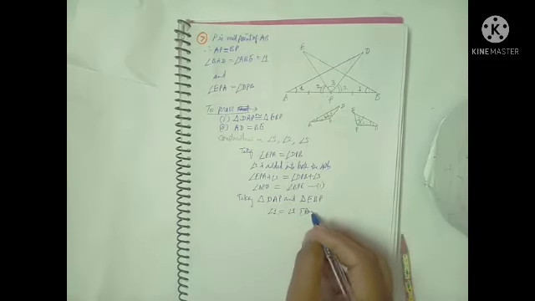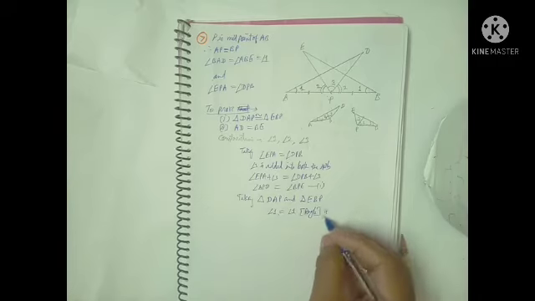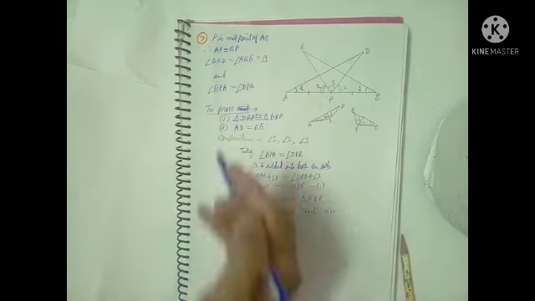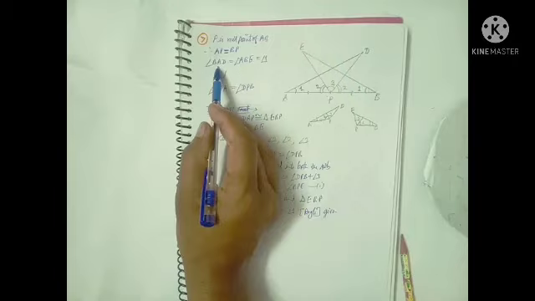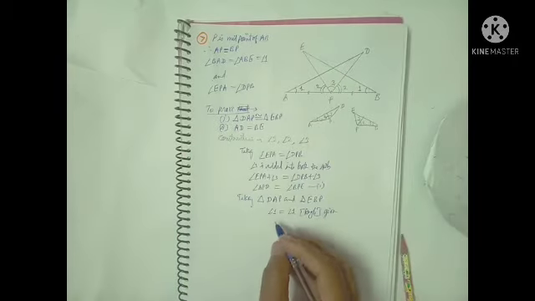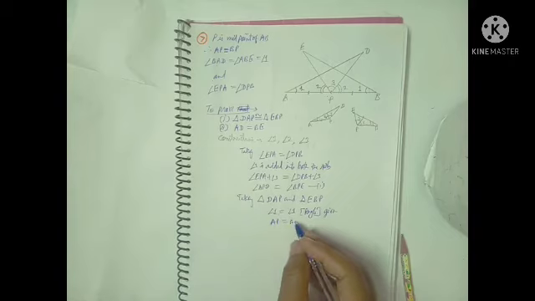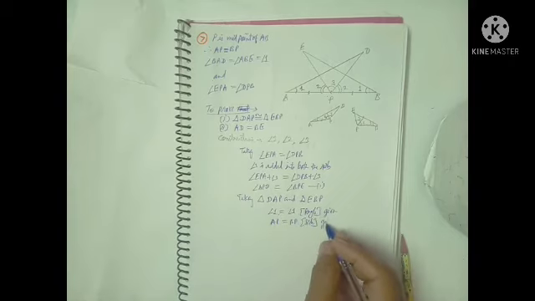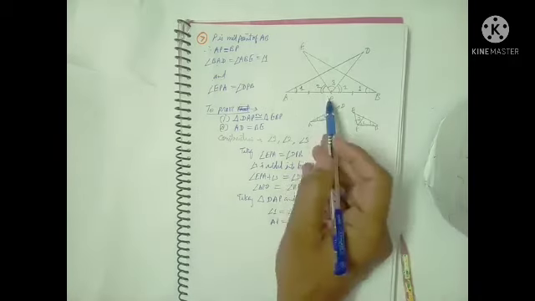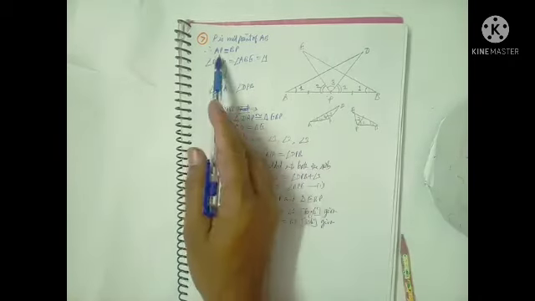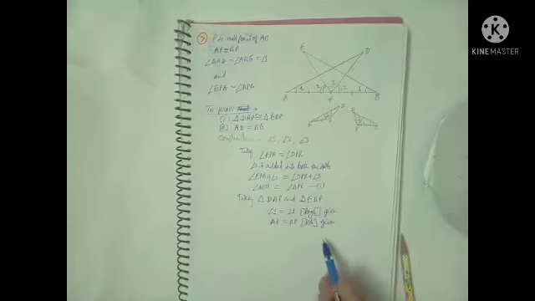This is the angle, and the reason is given. Actually it is given, angle BAD and angle ABE we have constructed. Then AP is equal to BP. This is the side, and the reason is given. See, it is given, P is the midpoint. Therefore AP equals BP. So it is also given.